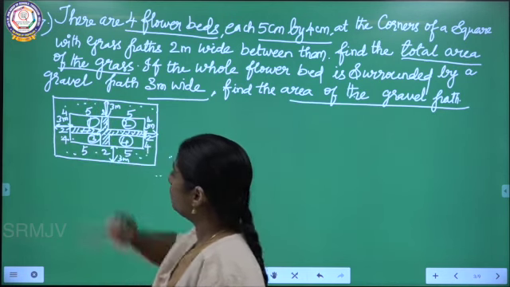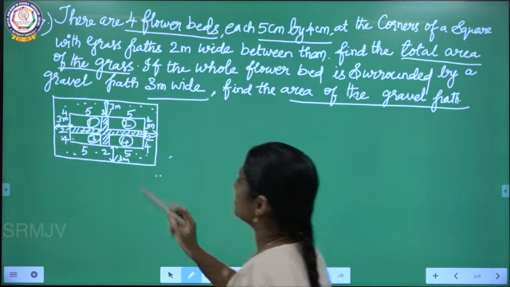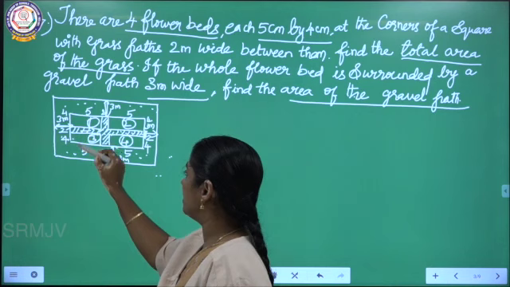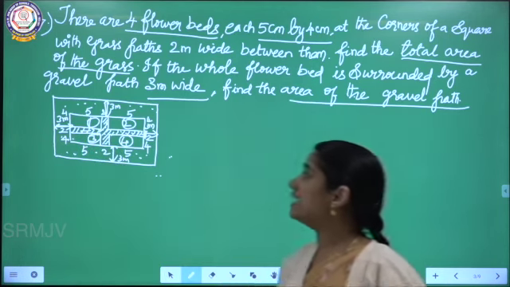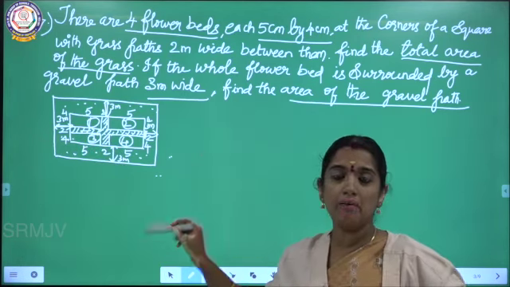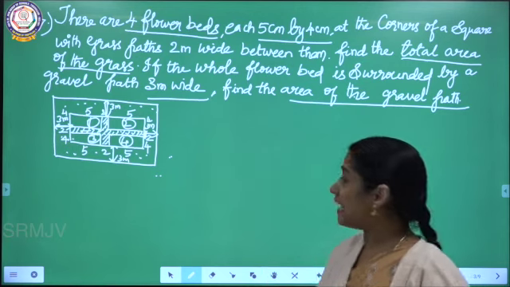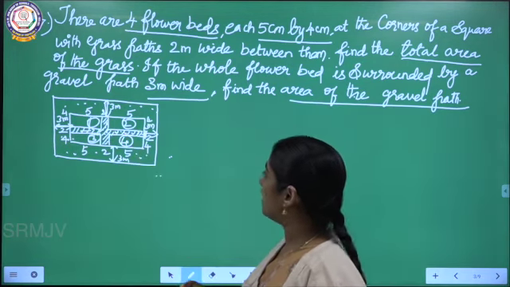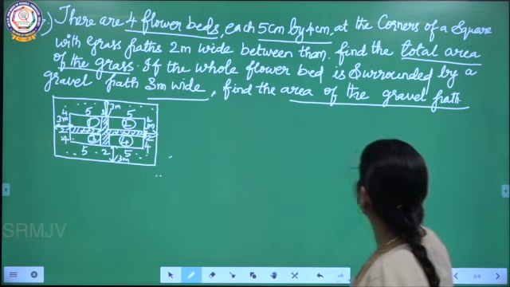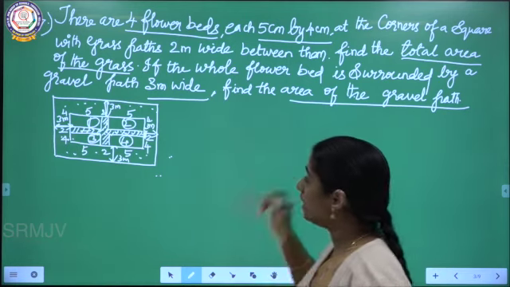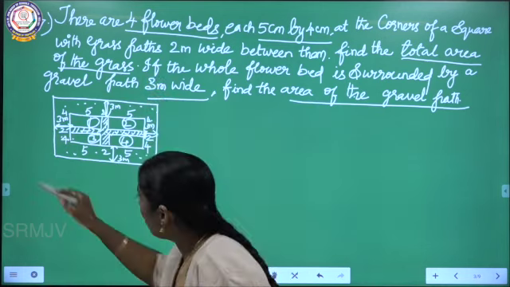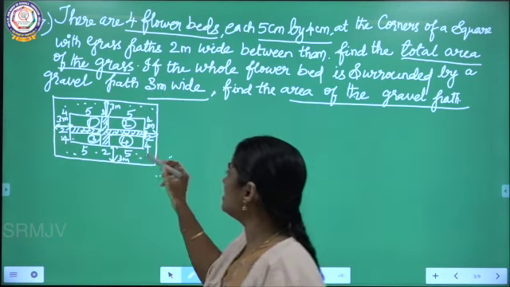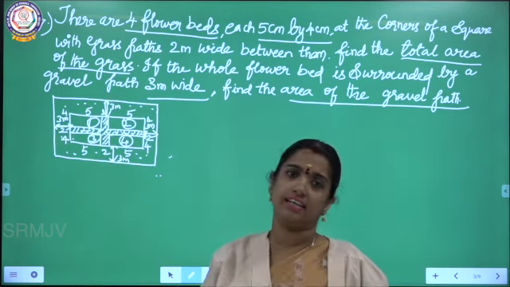So what I have to do for this, I am going to take the total area of the figure minus 4 flower beds. If I subtract, I can get the area of the grass. And for the gravel path, I am going to take the area of an outer rectangle minus the area of an inner rectangle.